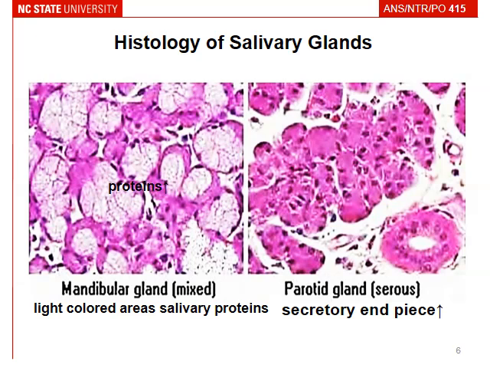So here is a histological picture. We have the mandibular gland on the left-hand side here, and you can see this is a mixed gland, compared to a parotid gland, which is serous. So this is more water and electrolytes compared to protein.